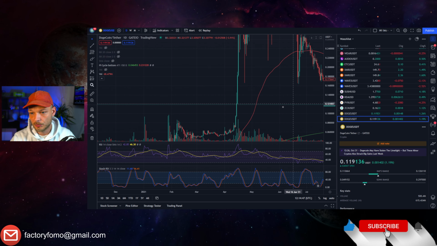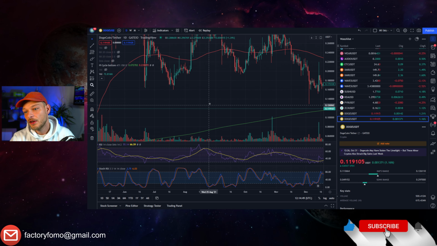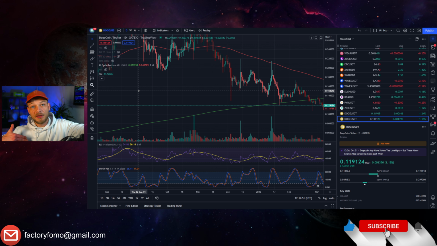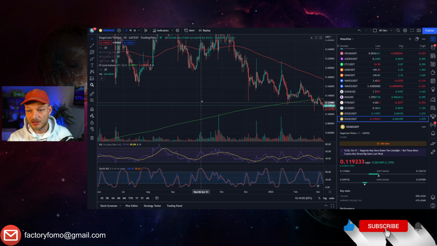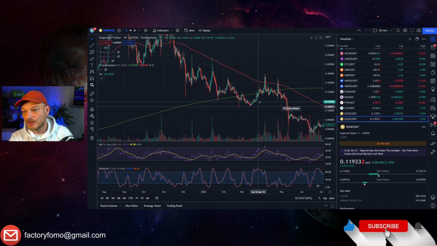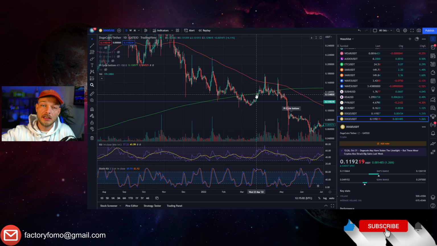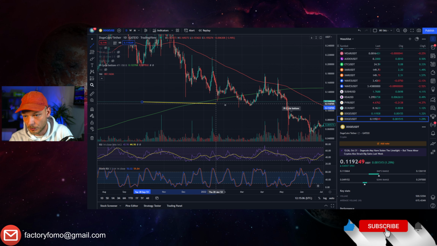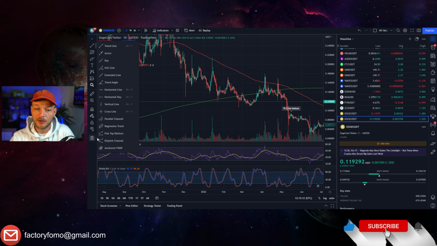Probably something here as well, exactly at this support, right? If it was previous support and it broke down and it comes back up, then it's not support anymore, then it's resistance, right? So this is a resistance point. So you want to draw a line maybe here to have a good perspective on it. Well, you can use such a line. You can do it like this. This is what I always did. But then it's hard, right? If you click this arrow behind it, you have multiple different lines, right?